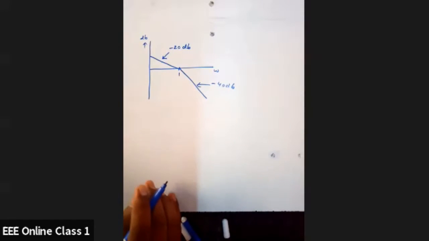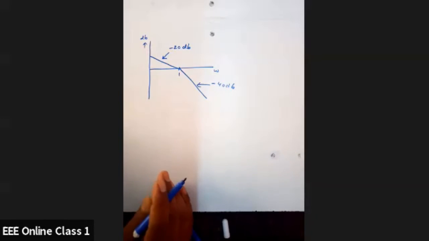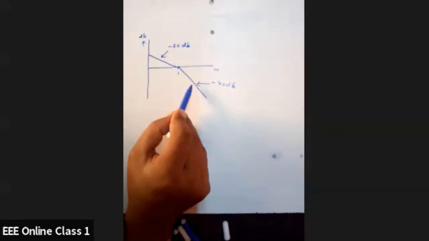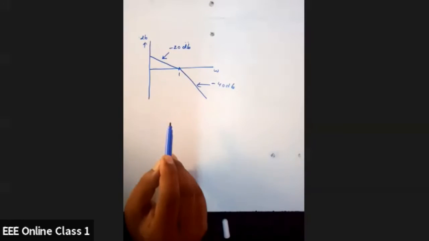Now let us write the transfer function for the Bode plot given. There are two lines, so it indicates that there are two factors.